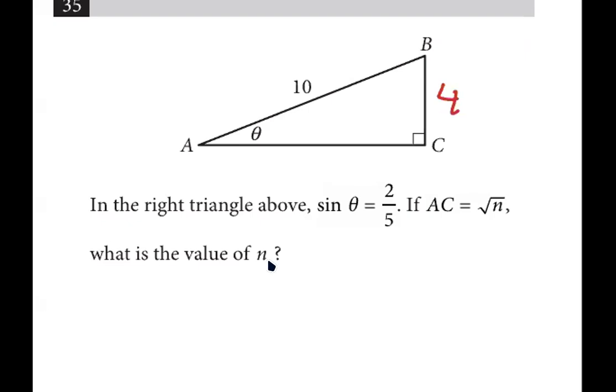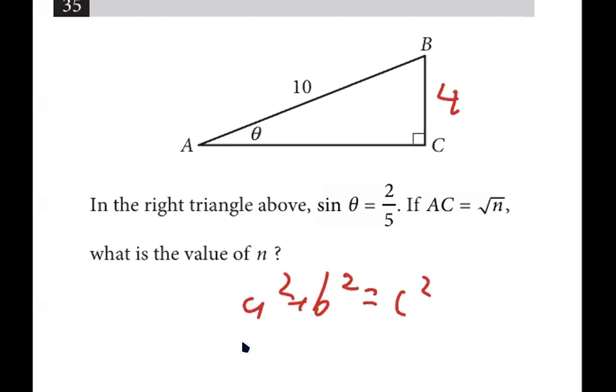Now we have to find the value of n, where root n is also side length AC. So we can find that using a squared plus b squared equals c squared.